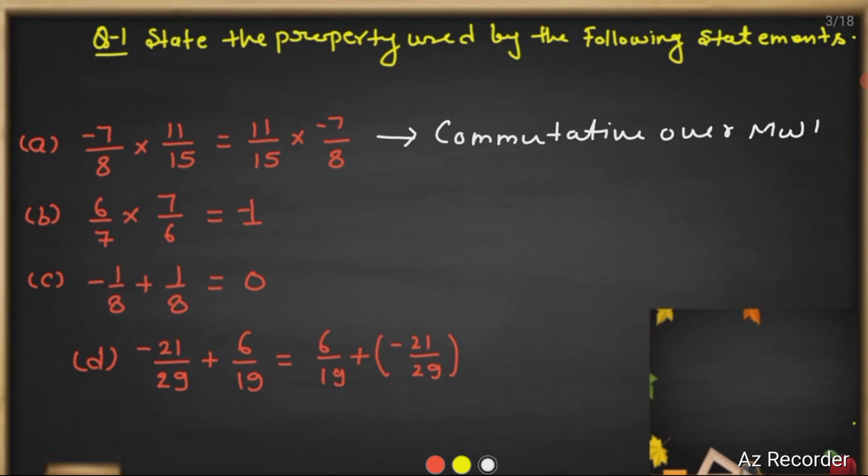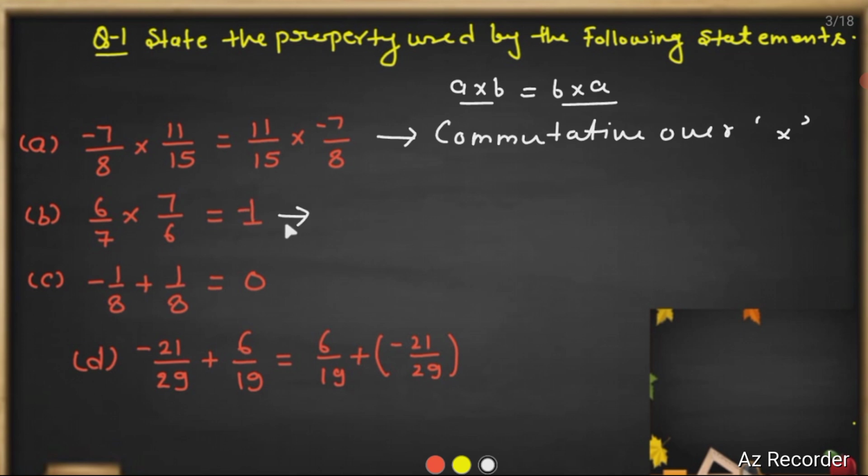Or simply I can write the sign, because I have less space here, multiplication. Because the statement of this property is a multiply b can be written as b multiply a. So this is the statement of commutative property over multiplication.